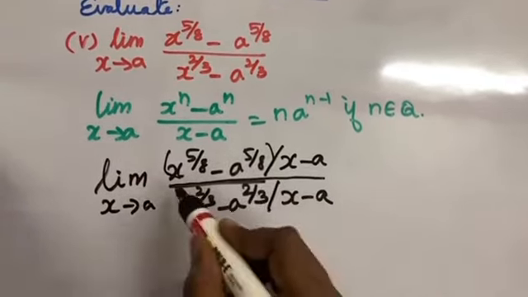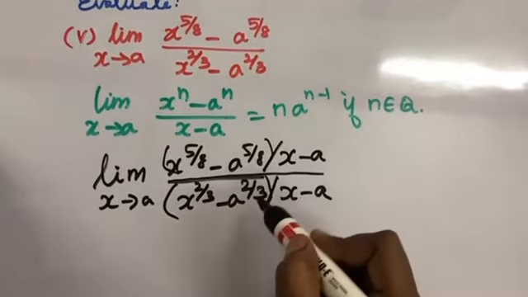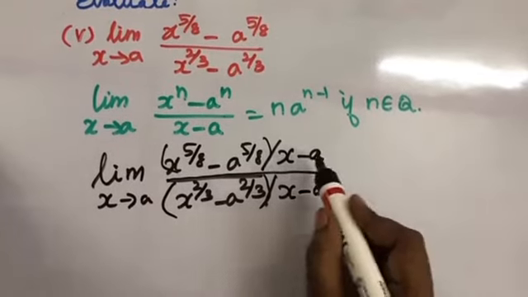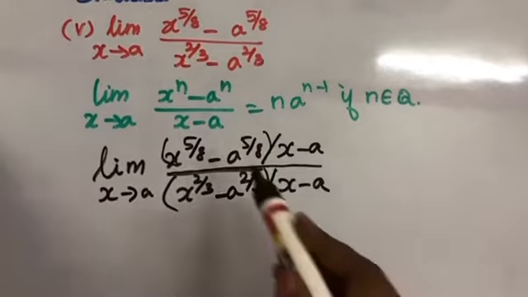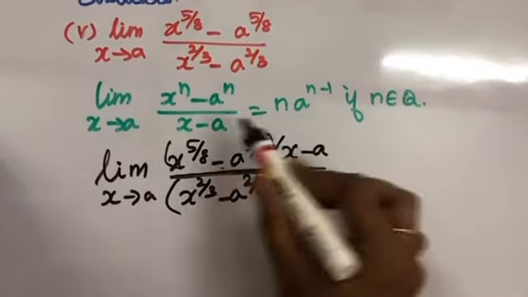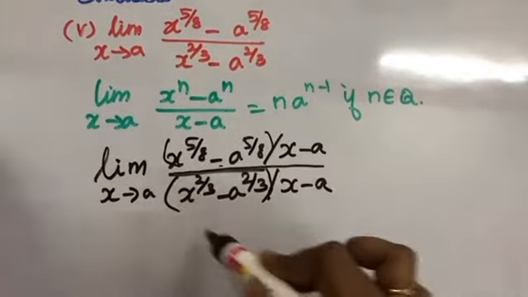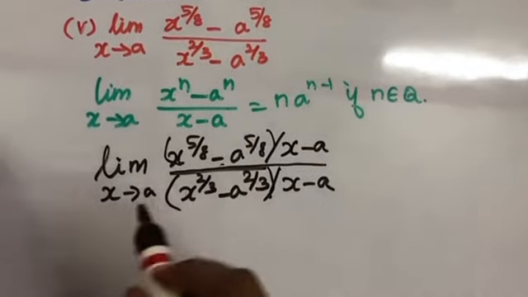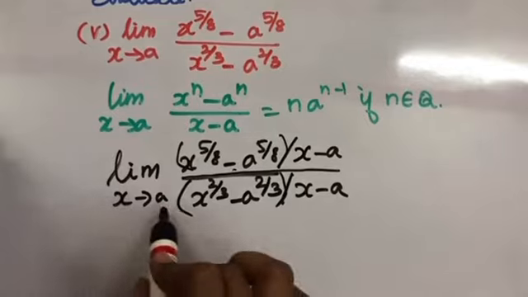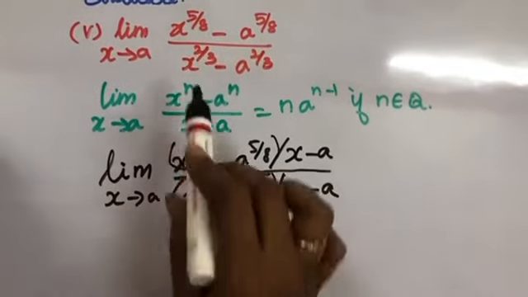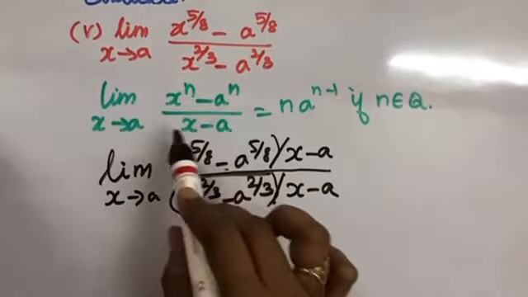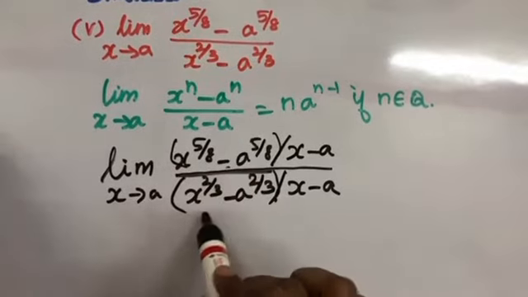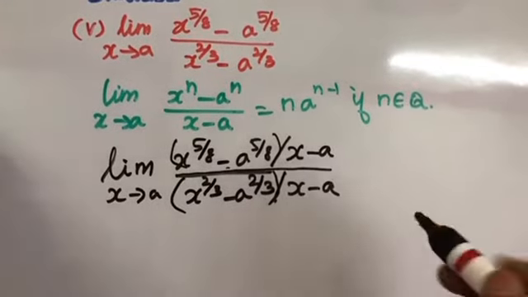Now the numerator and the denominator are in this form, and we can apply the limit x tends to a, (x power n minus a power n) divided by (x minus a), equal to n into a power n minus 1.